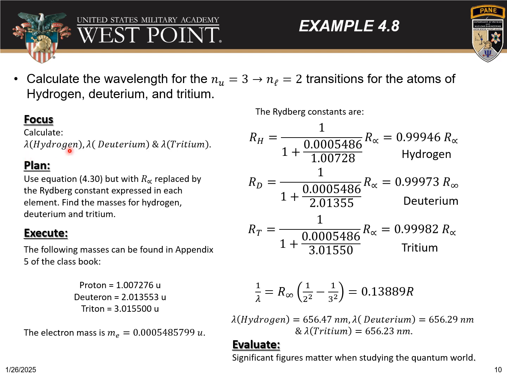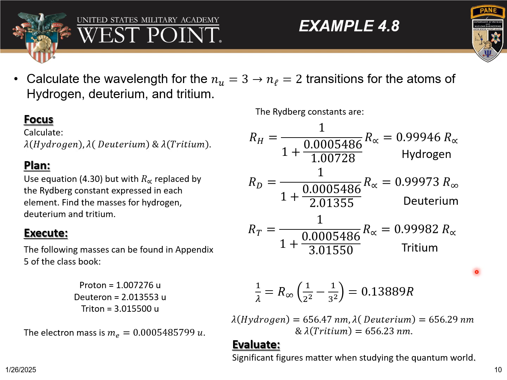As you can see, we are given the hydrogen, deuterium, and tritium atoms, and we are asked to calculate their different wavelengths. Using equation 4.30 from the book, we can substitute the Rydberg constant for each element. Using their masses, which we can find in Appendix B of the class book along with the electron mass, we can find the Rydberg constants of the elements.